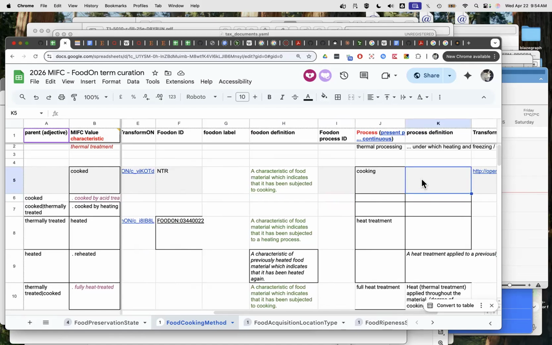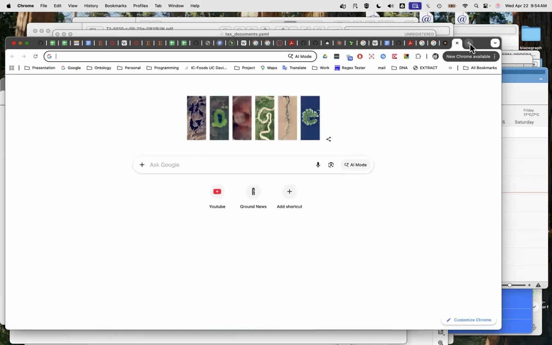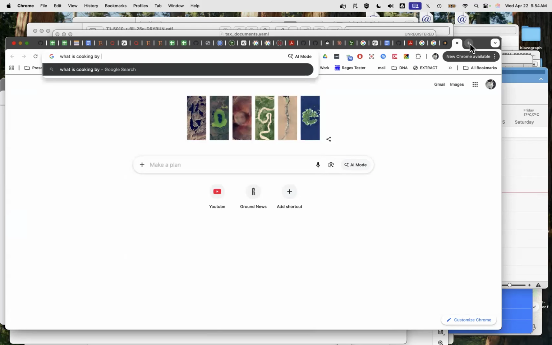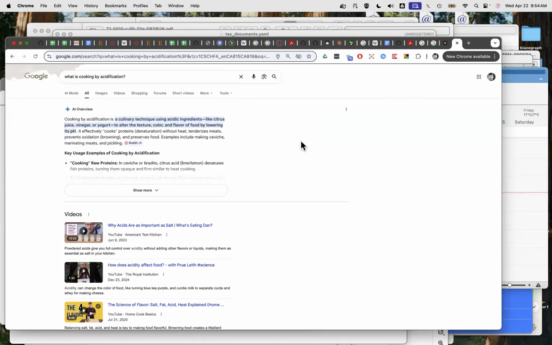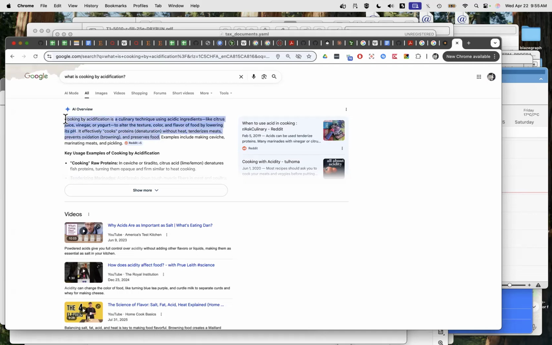It changes the biochemical, macromolecular level. I don't know how to define this. Ceviche cooks proteins by lowering its pH, effectively denaturation without heat. Yes, I think cooking implies denaturation of proteins.